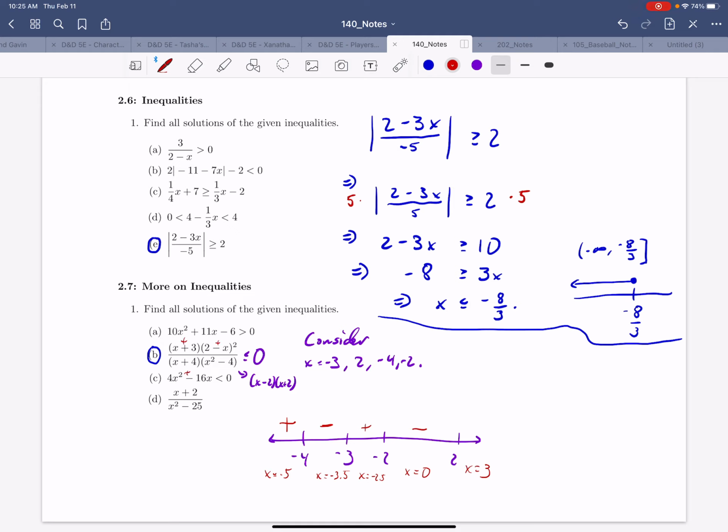Positive, positive, positive, positive. So remember, we are interested in the values where we have something less than or equal to 0. Now, before we write our solutions, note that x cannot equal -4, 2, or -2, because those are the values in the denominator.